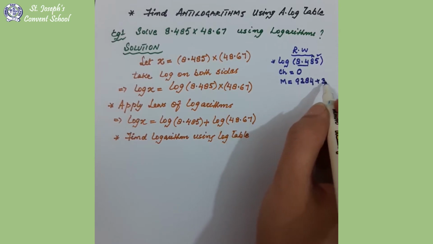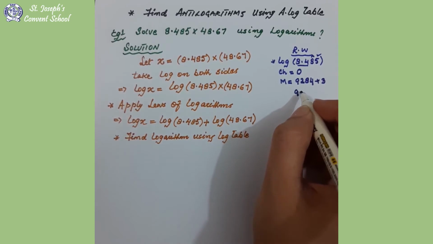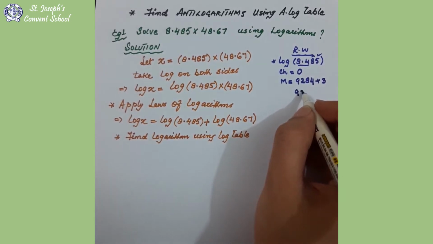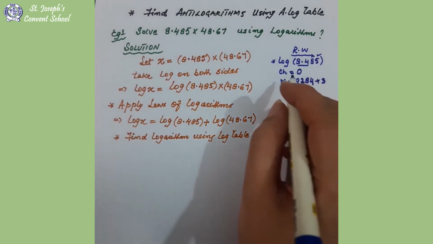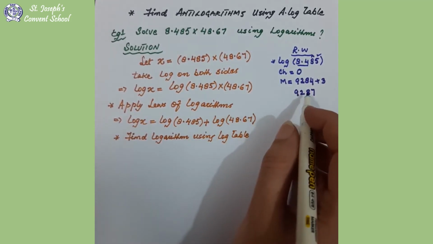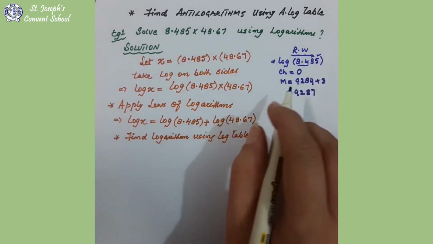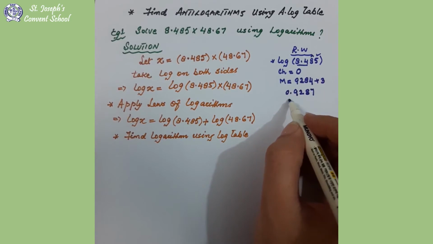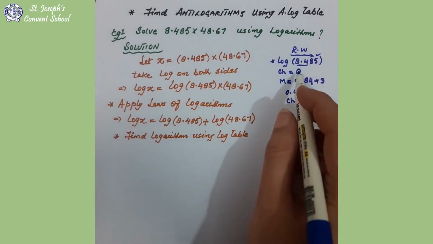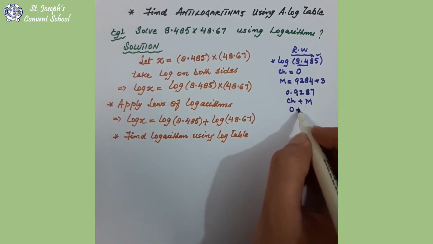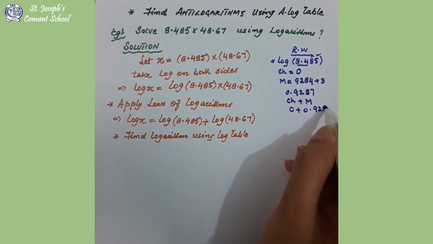So what we'll do, we will add these two, so this will become 9287. Now put the decimal. So this is mantissa. Now the log of any number is equals to characteristic plus mantissa. So characteristic is 0 plus mantissa is this value 0.9287.